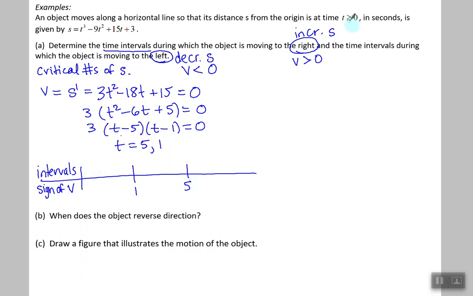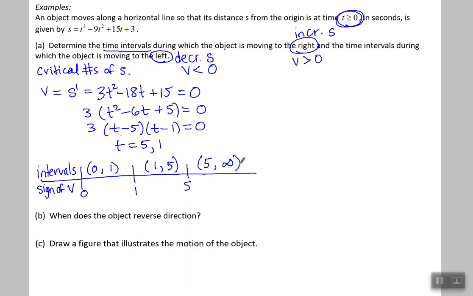But remember that this is time, and it doesn't make sense for time to be negative, and they told us that time has to be greater than or equal to 0. So 0 is going to be the beginning of our interval. We'll mark it here, and we'll put it in our interval. First interval going 0 to 1, next interval 1 to 5, and there's no limit on the time restriction greater than 0, so the last interval 5 to infinity.